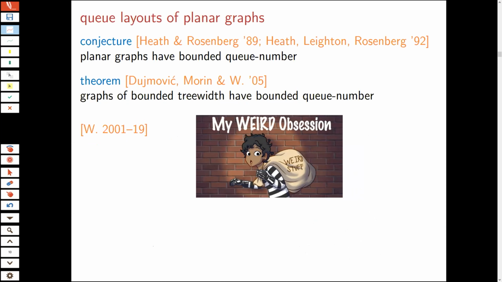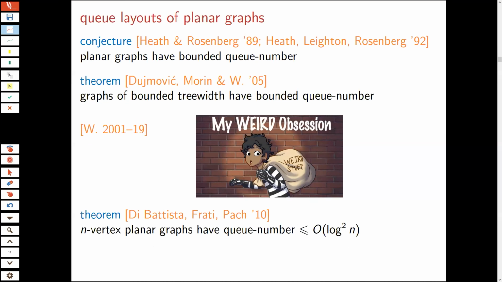There was an important partial result about halfway through this period. Dujmović, Battista, Frati, and Pach showed that planar graphs with n vertices have Q number big O of log squared n. Prior to that, the best upper bound was root n. You can get that using Lipton-Tarjan separators, or just with a random ordering, actually, you can get root n. So to get it down to a polylog function was a considerable breakthrough.